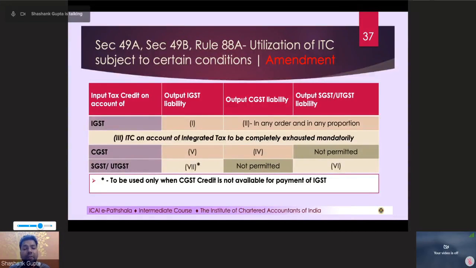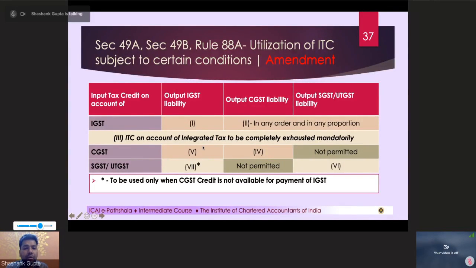So before plotting a final answer, depending on the question, we may need to work back and find the best mechanism to utilize it. But let us first complete this discussion. So, IGST first against IGST, then CGST and SGST in any proportion.